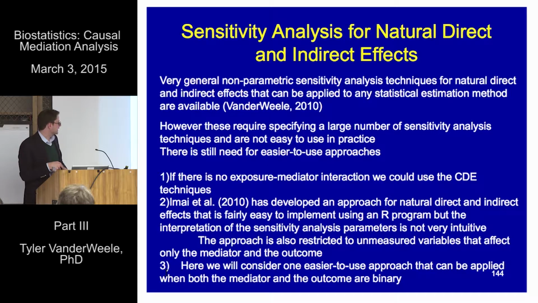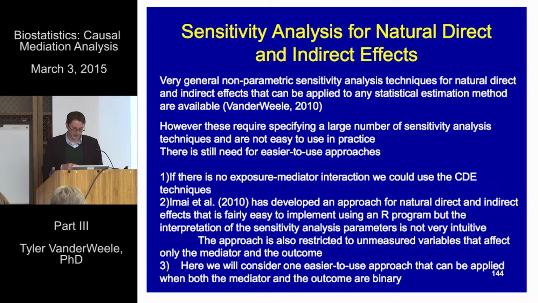The second setting is that May and colleagues developed an approach for natural direct and indirect effects, which I think works pretty well, and which can be implemented in a fairly straightforward way with their R program. The interpretation of the parameters is again a little tricky and hard to specify a priori, as we'll see.